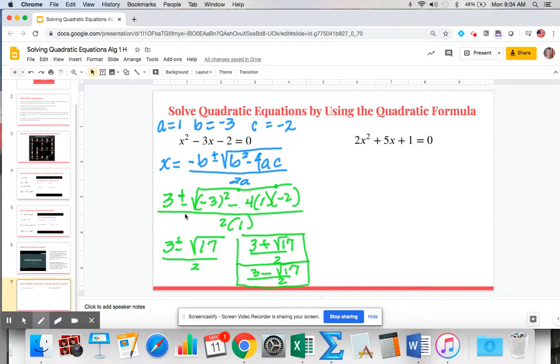All right, let's go on to the next example. In this example, we have a leading coefficient a which is something other than 1, b is 5, and c is 1.